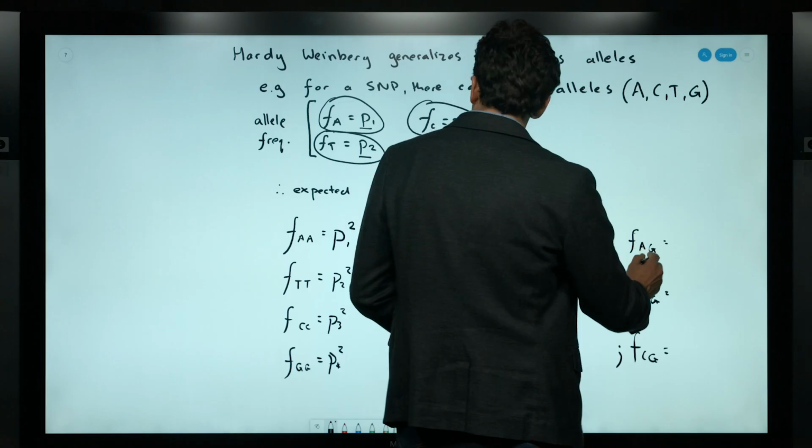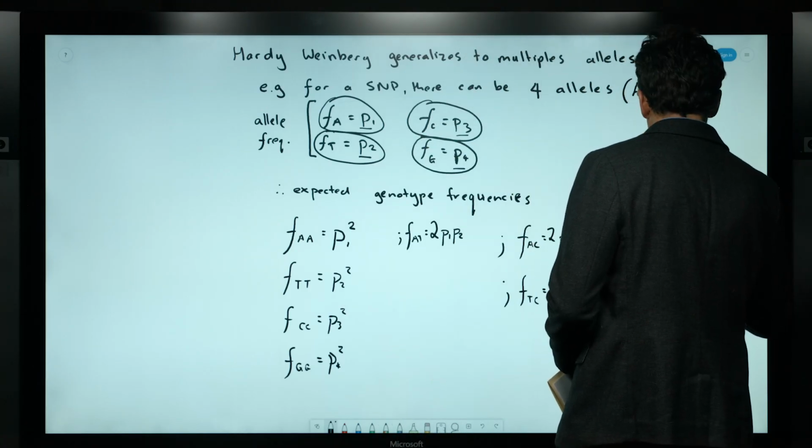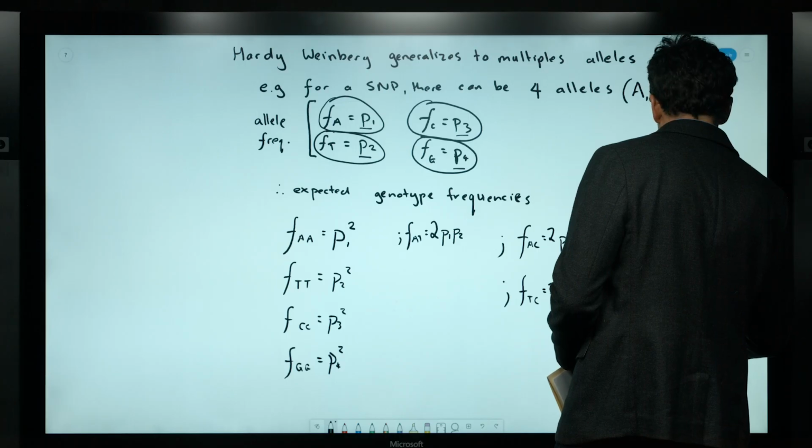The AG genotype is going to be P1 times P4. There are 2 ways to do that, and the same logic holds for the rest of the heterozygous genotypes here.